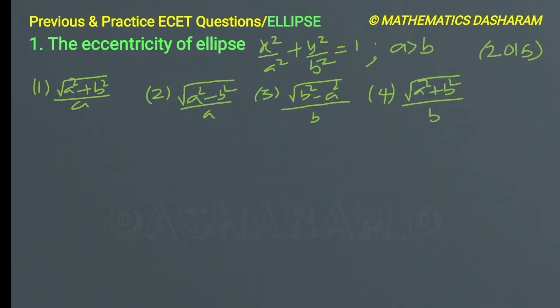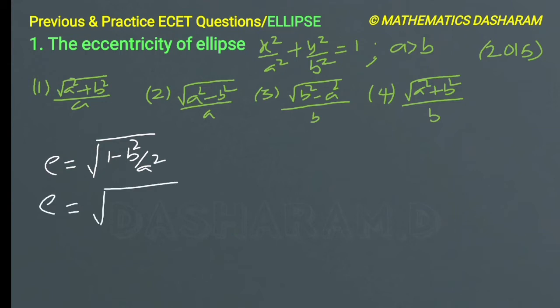The first question: the eccentricity of the ellipse x square by a square plus y square by b square equals 1, where a is greater than b. We know very well that if a is greater than b, the eccentricity formula is e equals under root 1 minus b square divided by a square. Let's simplify this. Under root, here the LCM is a square, so a square minus b square.